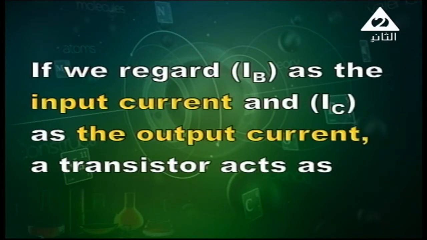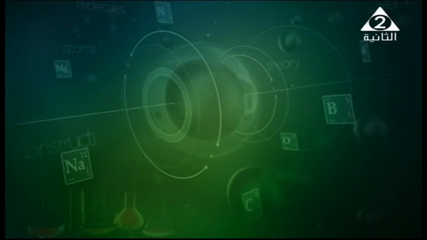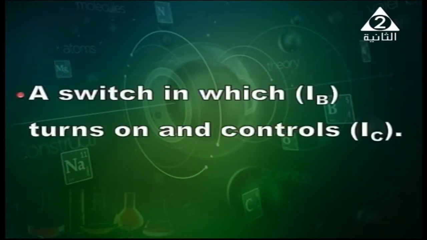If we regard I B, the base current, as the input current, and collector current as the output current, a transistor acts, first of all, as a switch in which base current turns on and controls collector current.